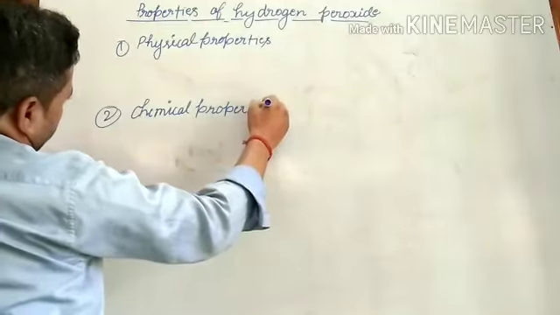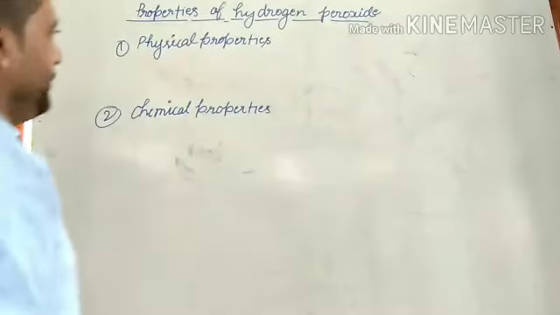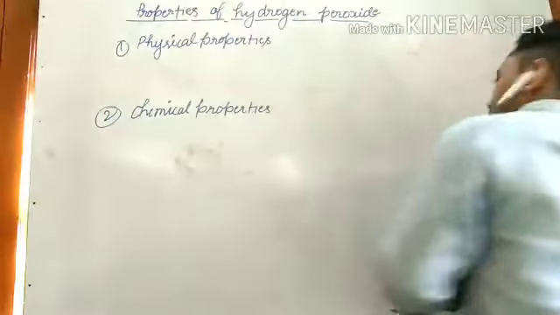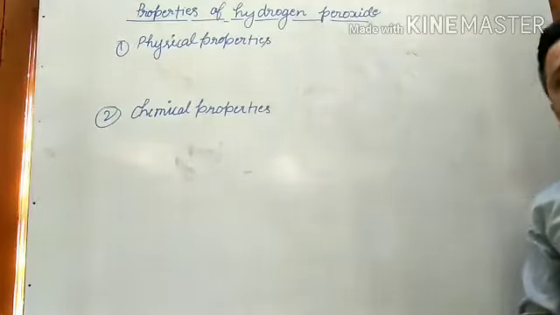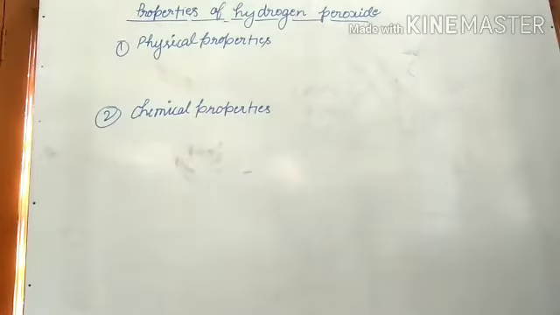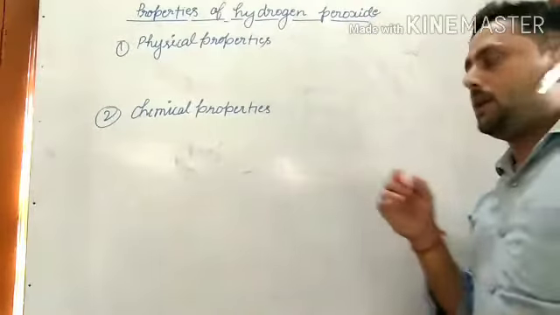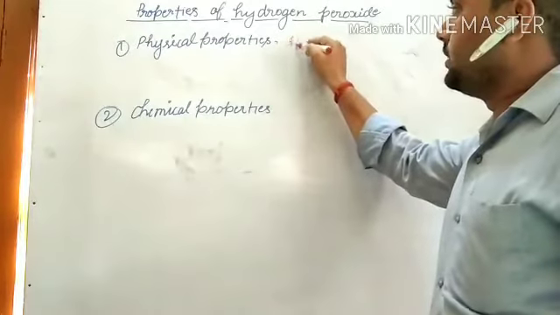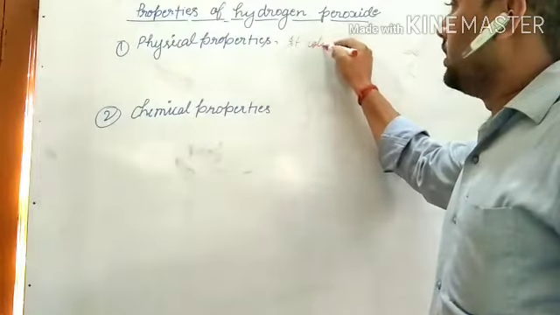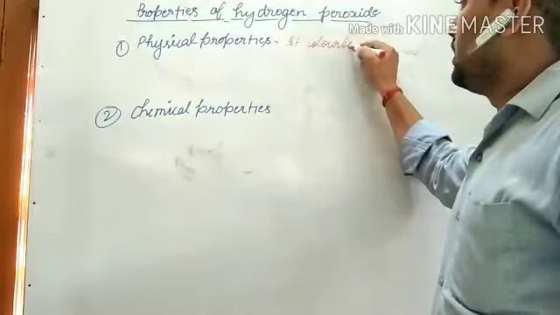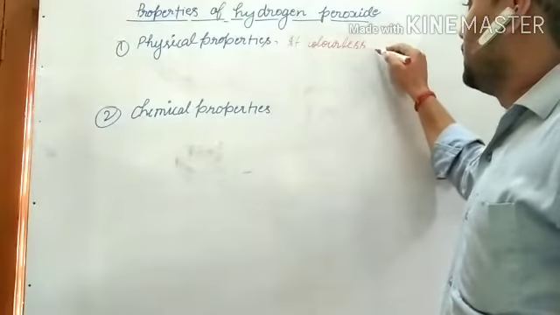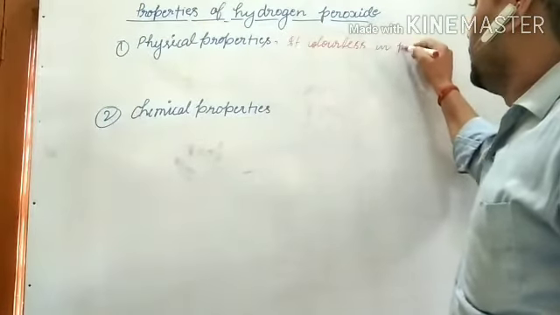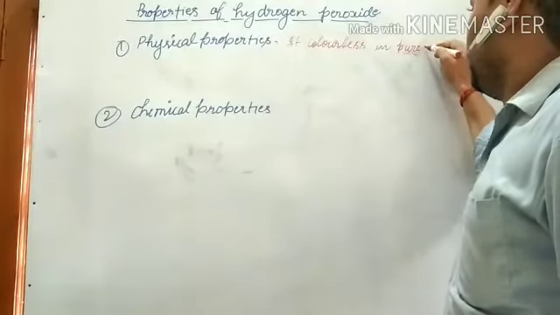So what are the physical properties of hydrogen peroxide? First, it is colorless in pure form.